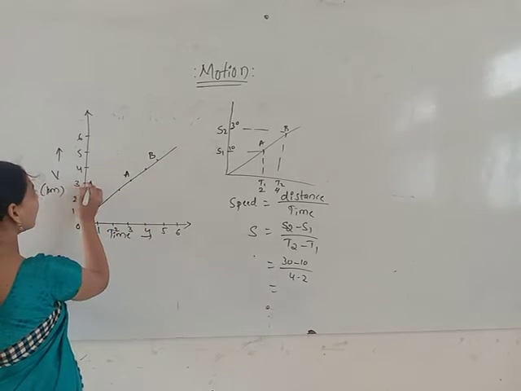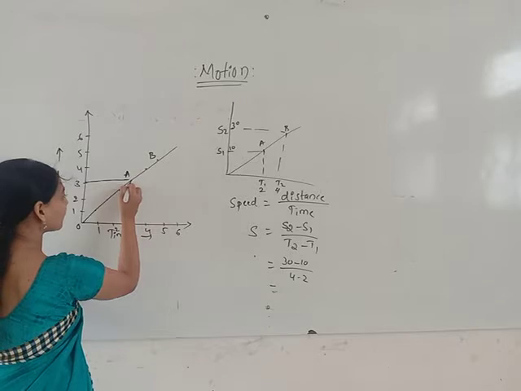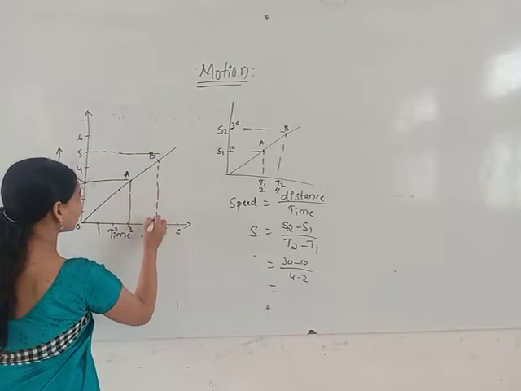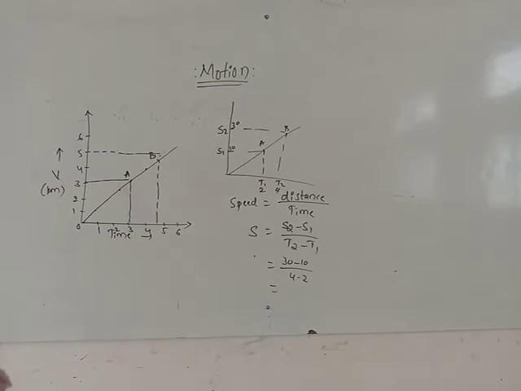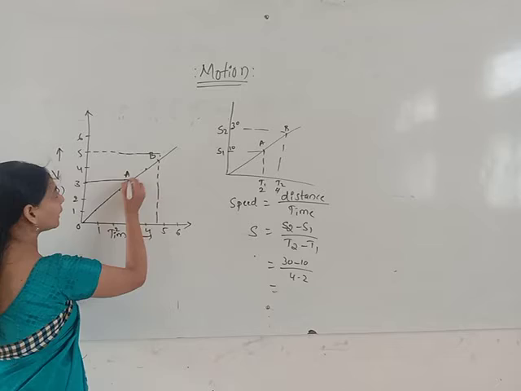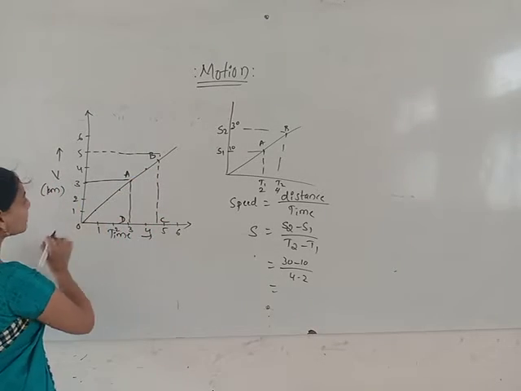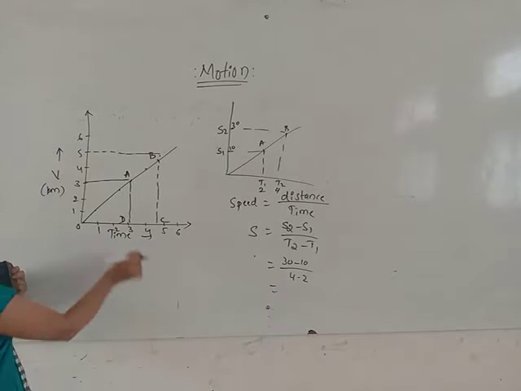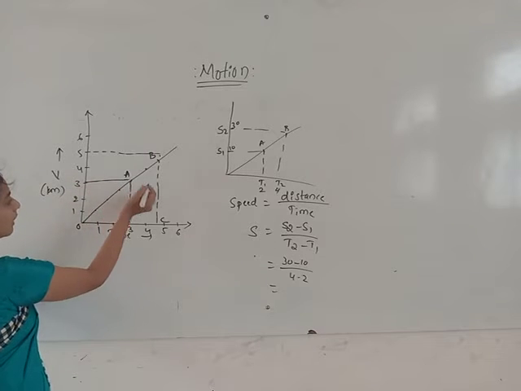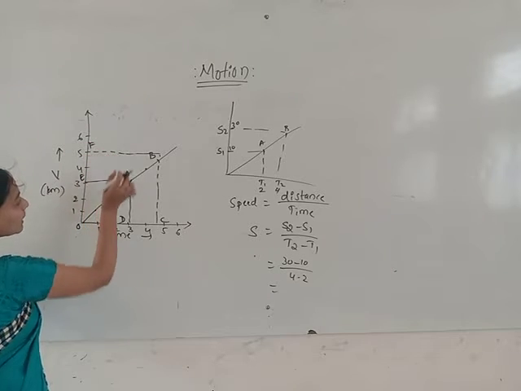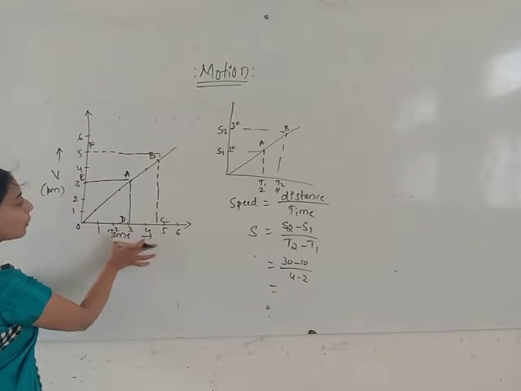So what I do here is, I take the parallel lines. Here A, B, here C, D, I can say AD is parallel to the y-axis, and here FD is parallel to OC.